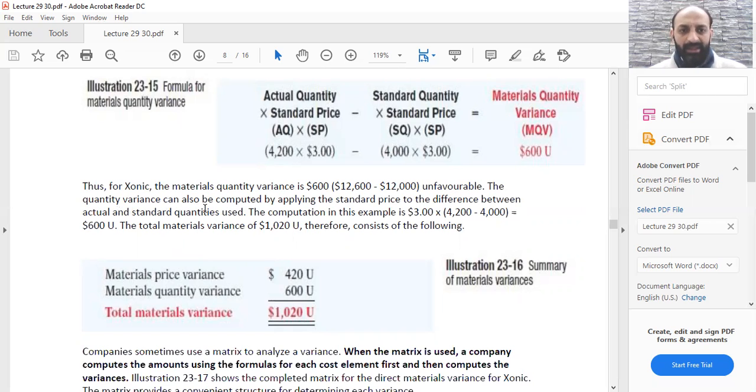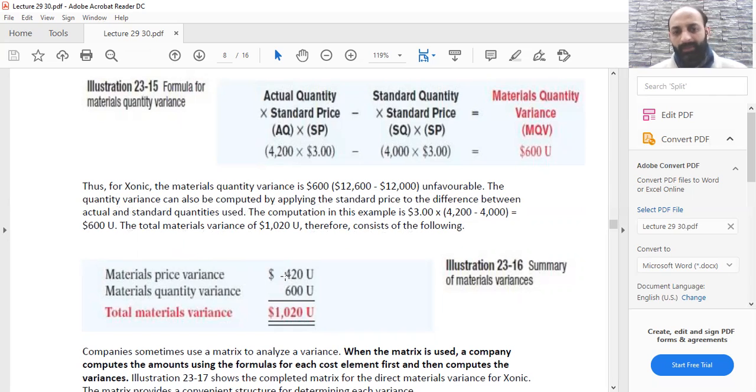The quantity variance can also be computed by applying the standard price to the difference between actual and standard quantities used. The computation in this example is $3 into 4200 minus 4600. The total material variance of 1020 therefore consists of the following.